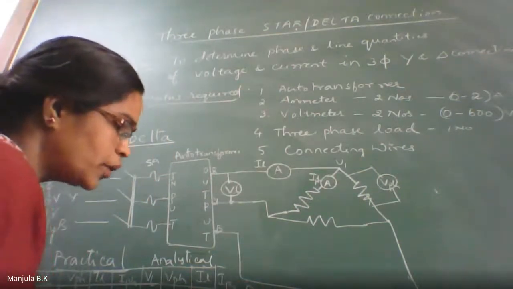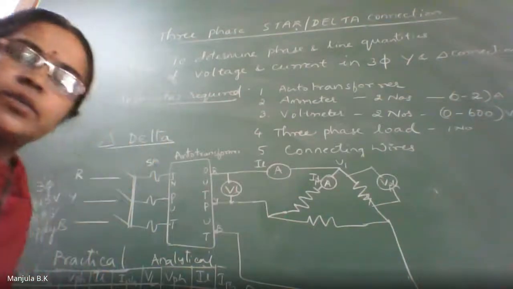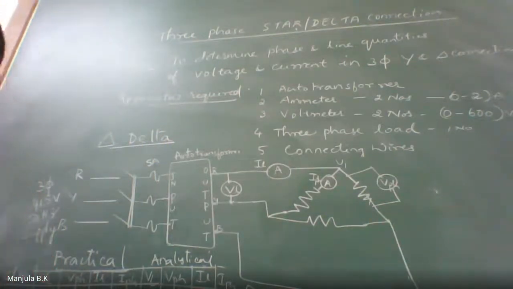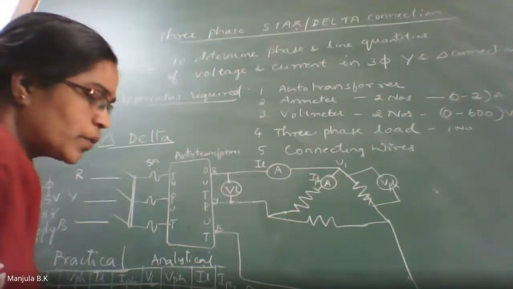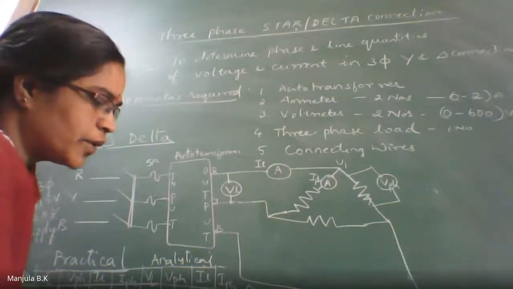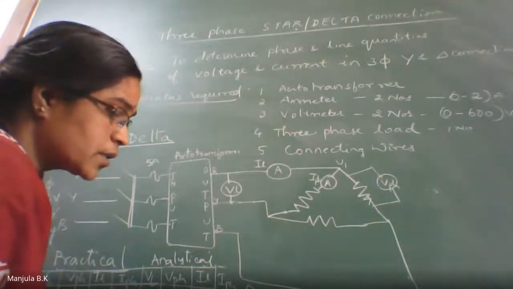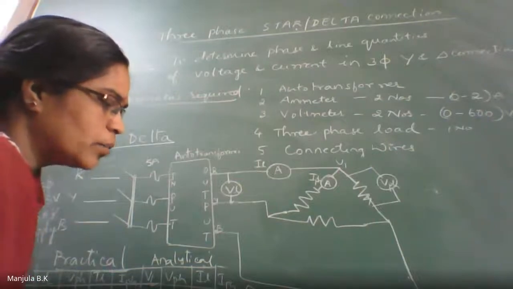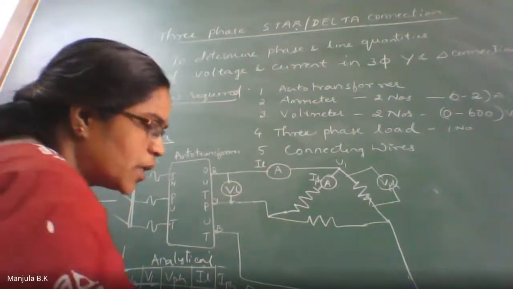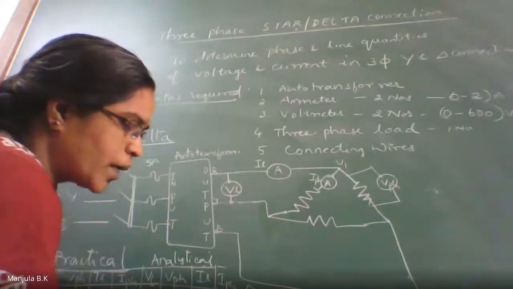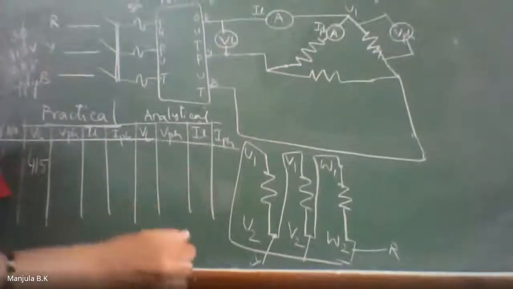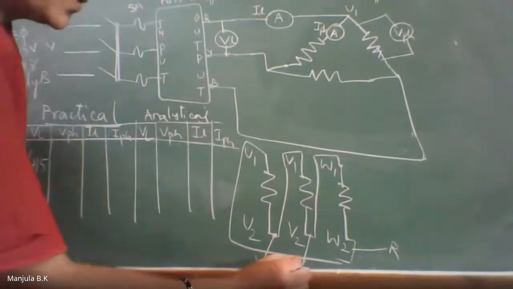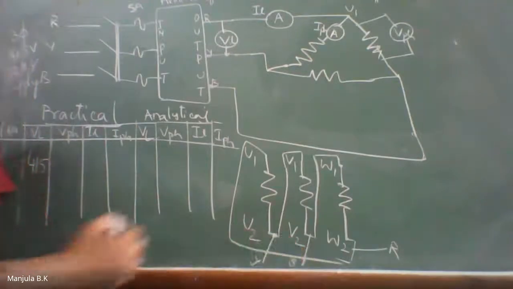Similarly, the start point of the first coil will be connected to the end point of the third coil. From this we will obtain 3 different connections, which we can represent as R, Y and B.